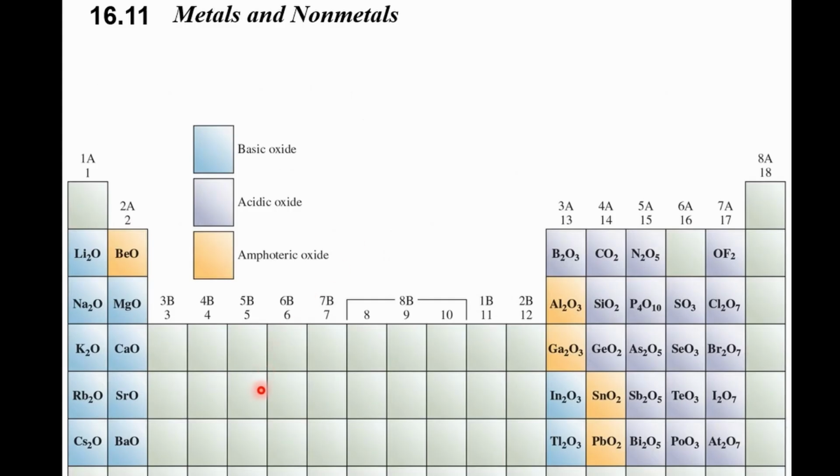So here's a nice periodic table. All these metal oxides with water are what we call basic oxides. All these non-metal oxides are going to be acidic. Then we have some weird ones here, which are amphoteric. What does amphoteric mean? They can act as either an acid or a base.